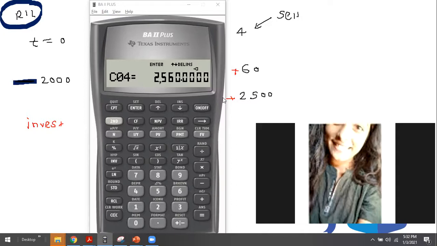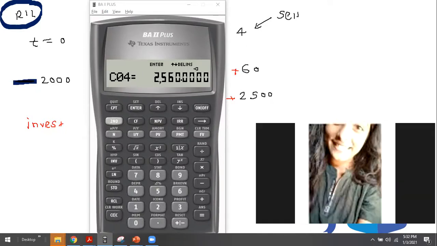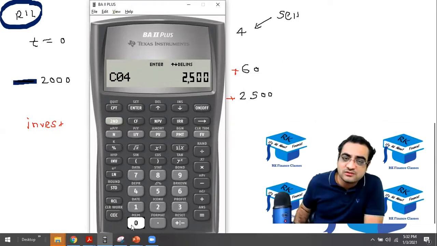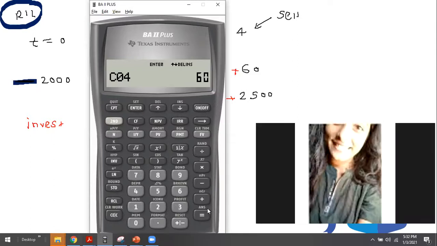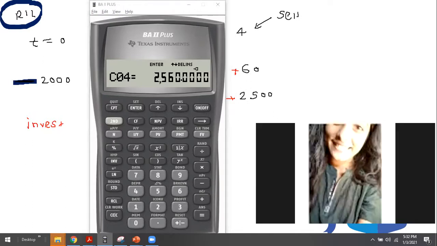So without pressing equal button, I press enter. So how can I get back? If you are getting C04 equal to 2560, then no problem. Are you getting C? No, I'm getting 2500. So press 2500 plus 60 equal to and then enter. Is that clear? Yeah, I got it, sir.